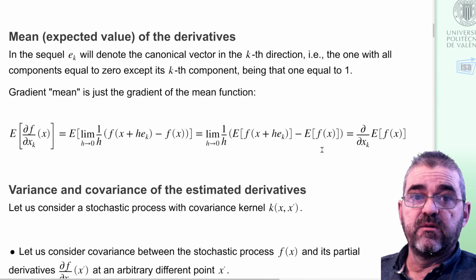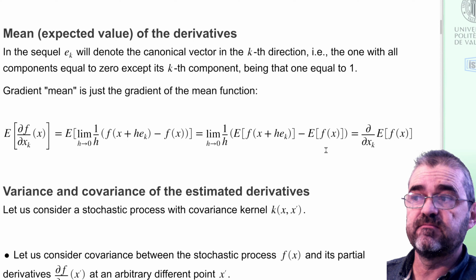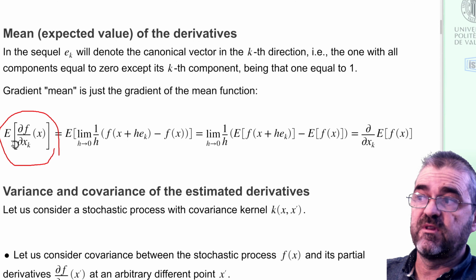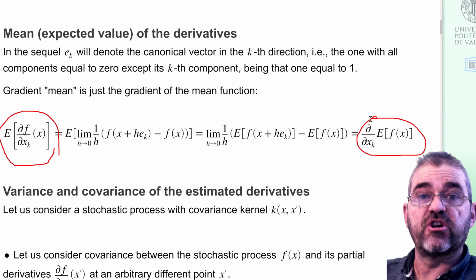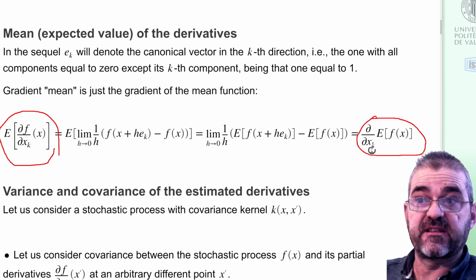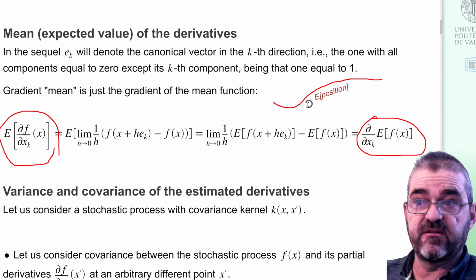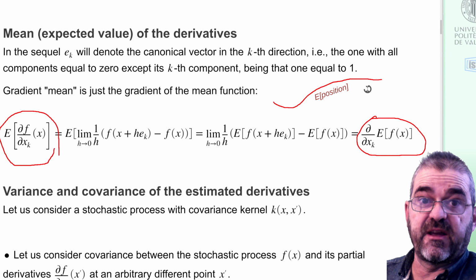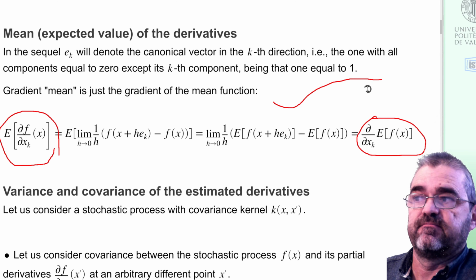If we think on what the mean of the derivative is, then we can prove that the expected value of the derivative is just the derivative of the expected value. So if this is the position of something, then the derivative of this will be the expected value of its speed. It's kind of common sense.